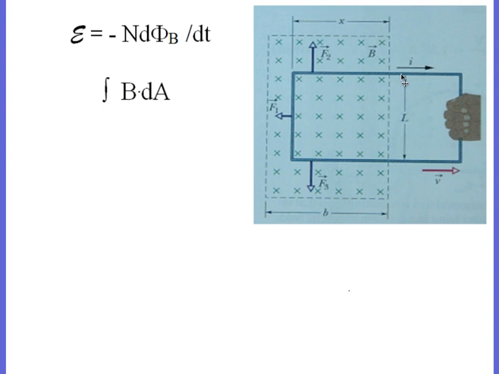I want to consider this picture from the book where this hand is pulling the wire out of this region of magnetic field. Only inside the dotted lines is there magnetic field; out here in this pure blue there's no magnetic field. So the flux through this loop is changing as a function of time.